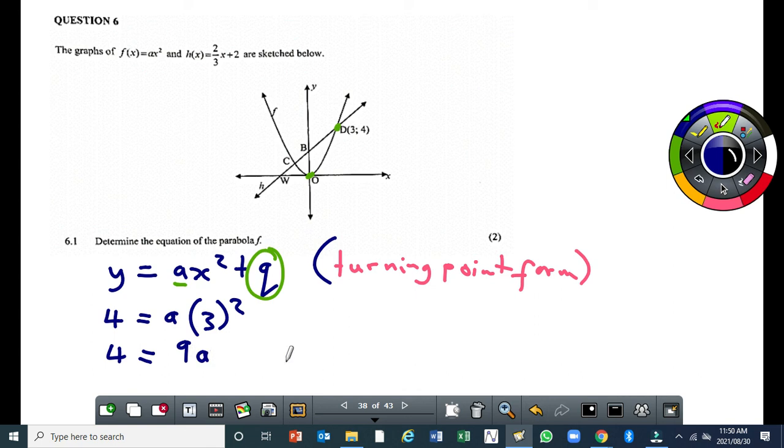What this means is that a is going to be 4 over 9. Therefore, the equation is going to be f of x equal to 4 over 9 x squared. So that's the equation.